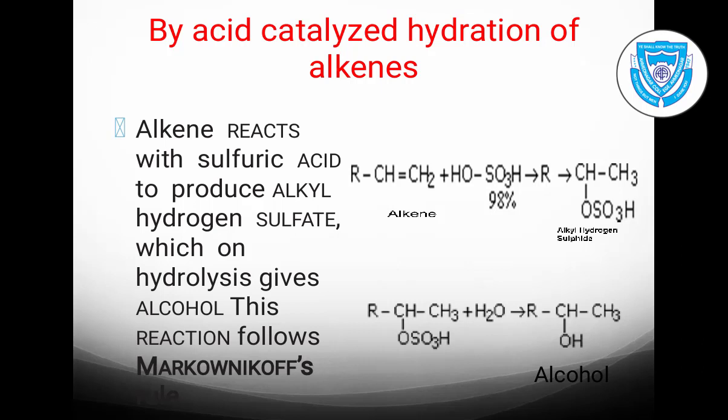When an unsymmetrical reagent is treated with an unsymmetrical alkene, I repeat, when an unsymmetrical reagent is treated with an unsymmetrical alkene, the negative part of the reagent will go and attach to the carbon having less number of hydrogen. So this reaction follows Markovnikov's rule. We'll see how it follows Markovnikov's rule from the slide.